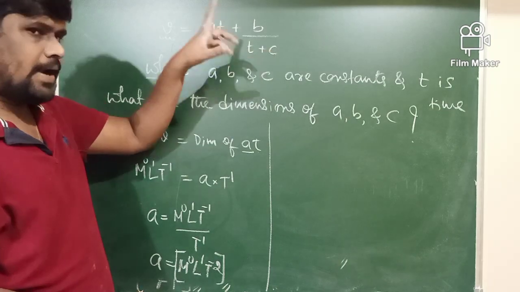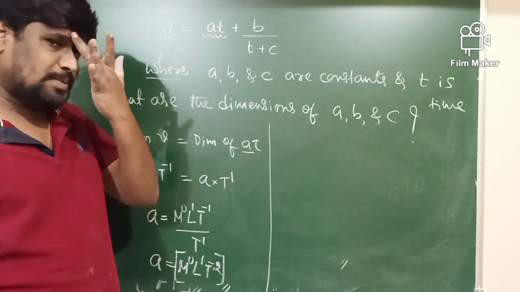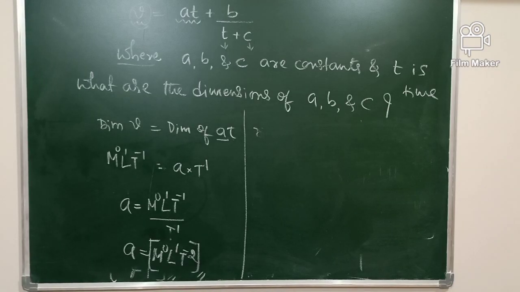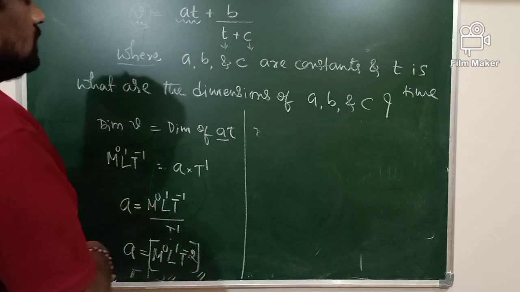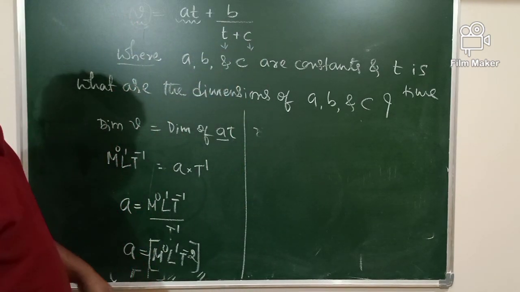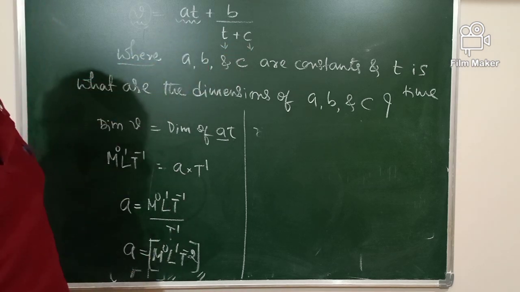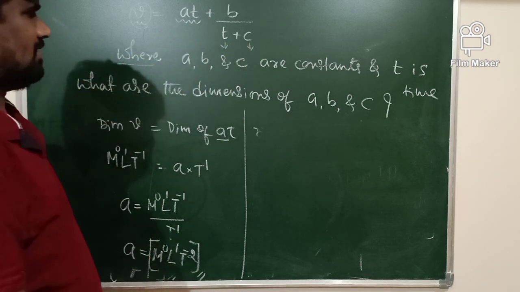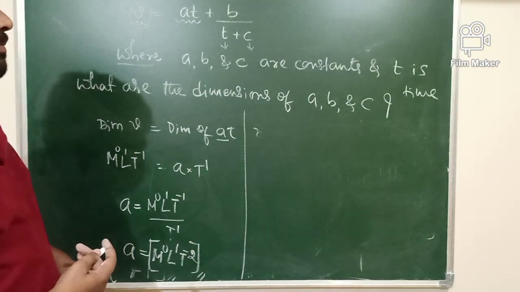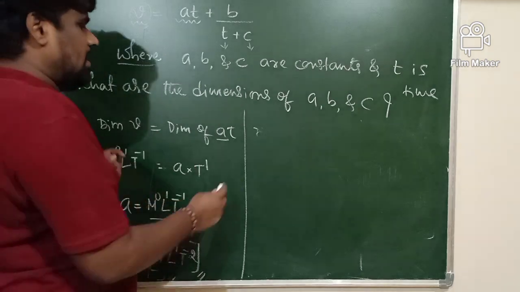Now next one, T is added to C. T is added to C. Okay? What does the principle say? Two terms can be added only if they have the same dimensions. So here T is added to C, which means dimensions of C should be equal to what? Dimensions of T. Because you know very well, when two physical quantities can be added, they should have the same dimensions.